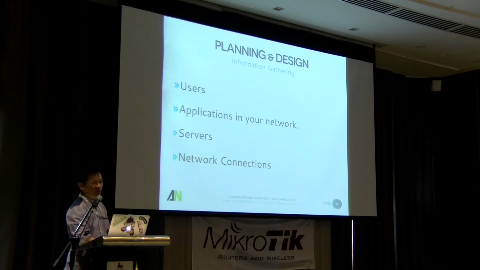So you have to know what software is running, and also what servers are running. Servers inside your network might need a connection from the internal to the internet. And some of them in the DMZ will require the firewall to allow connection from the external into the servers, because they are serving some content. And you have to know what kind of network connections you are having.